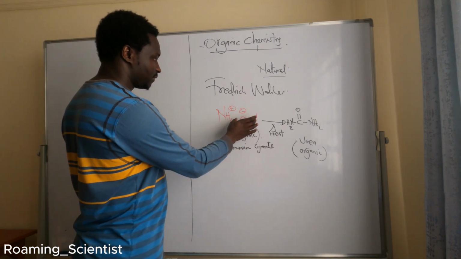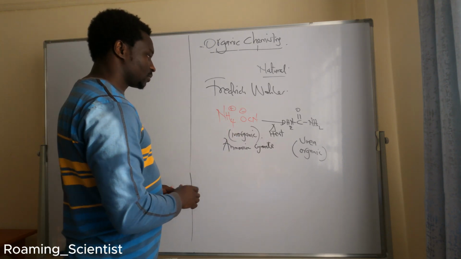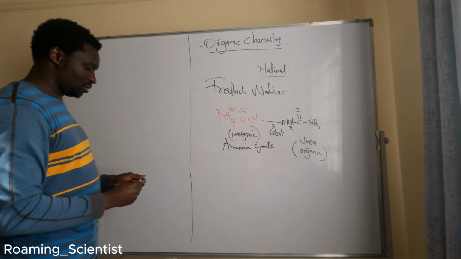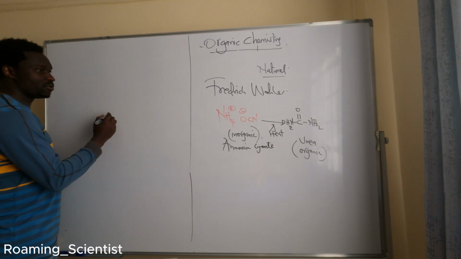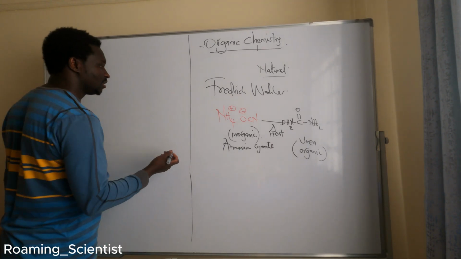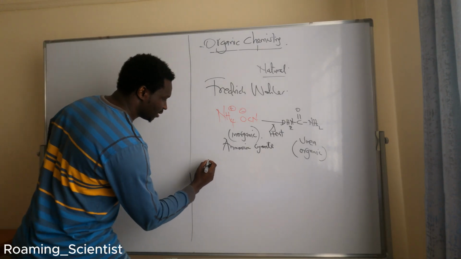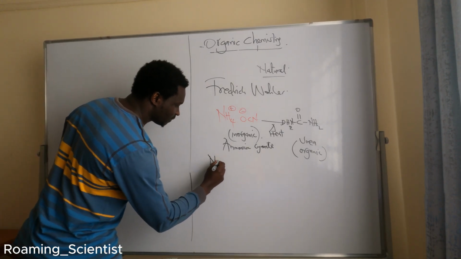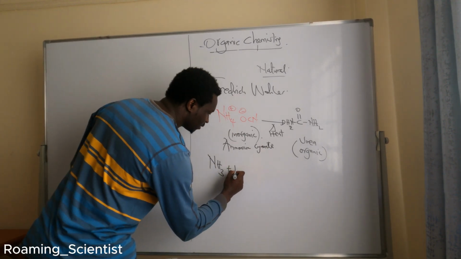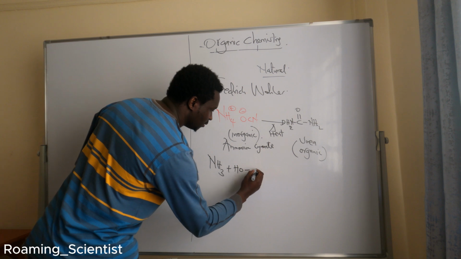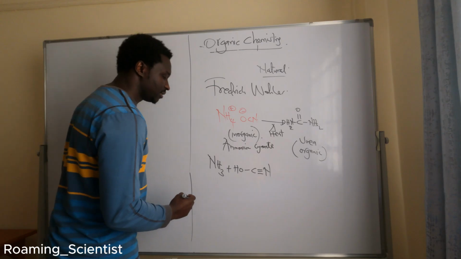As you can see, we have cyanide and ammonium ion. So to get this derivative, we can simply react ammonia. So if you want to start a urea manufacturing plant, just react ammonia with cyanic acid. So this is cyanic acid.